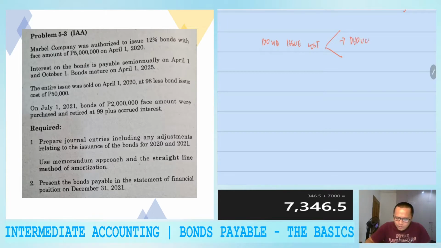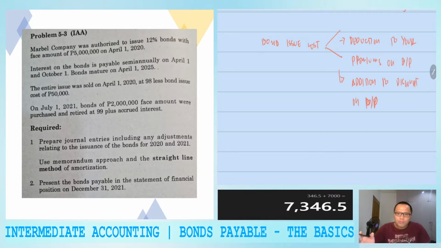So the treatment for bond issue costs, we have to remember this. This is a deduction to your premiums on bonds payable, or if the bond issue is on a discount, okay, it is an addition to discount on bonds payable. So we have to remember this, ha.